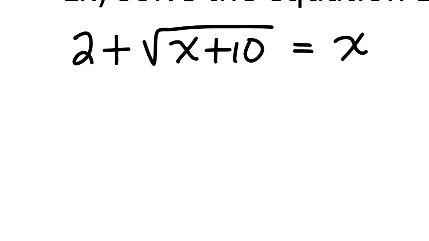All right, so go ahead and talk to your partner. What do you guys notice is different in this example than all the previous ones that we've done? What did you guys say? What's different here?